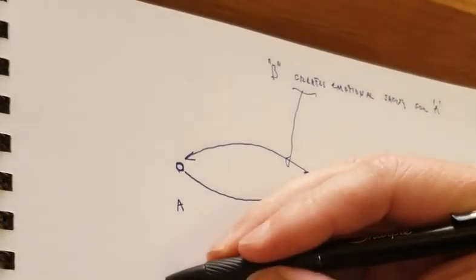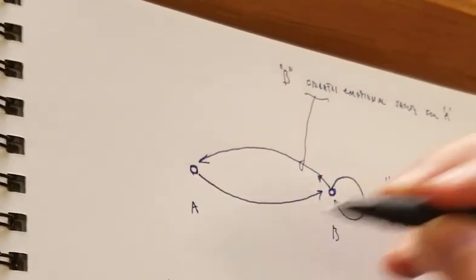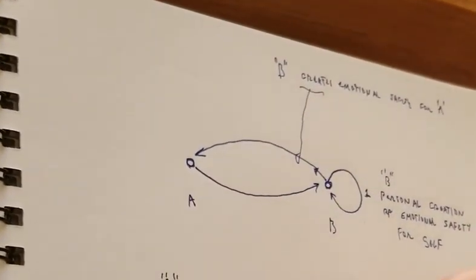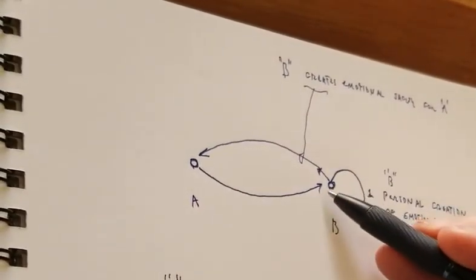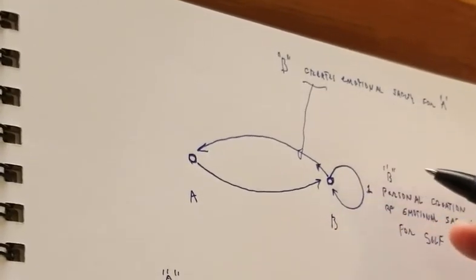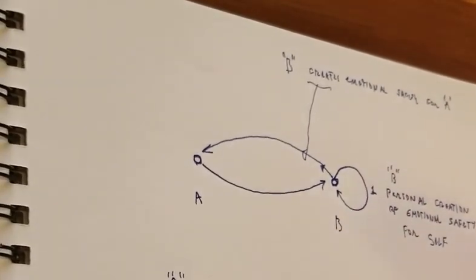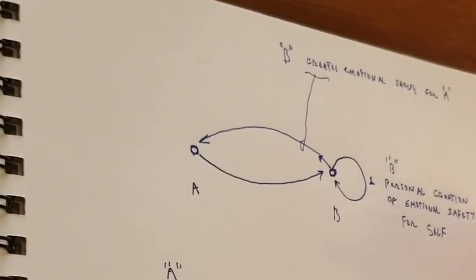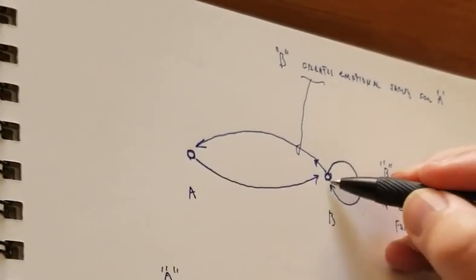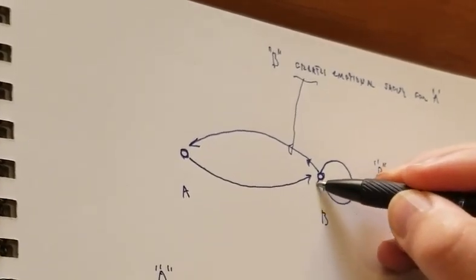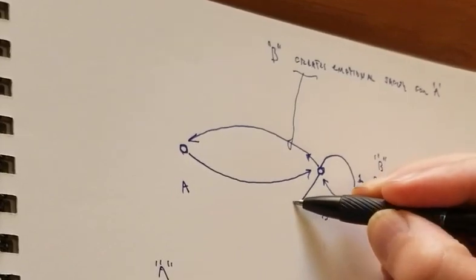You don't have to write it, because it takes time. So A is creating emotional safety for B, and that is fine and well, but there is actually a need for B to notice.